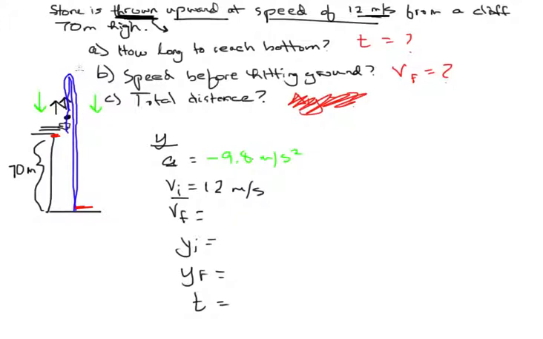And gravity always accelerates objects downwards. It is slightly confusing, but just run through this in your head. Look at each variable separately. The initial velocity we're throwing up, the acceleration is happening downwards. Okay, what's my final velocity? I don't know. That's what I need to figure out. What's my initial height? 70. What's my final height? 0.